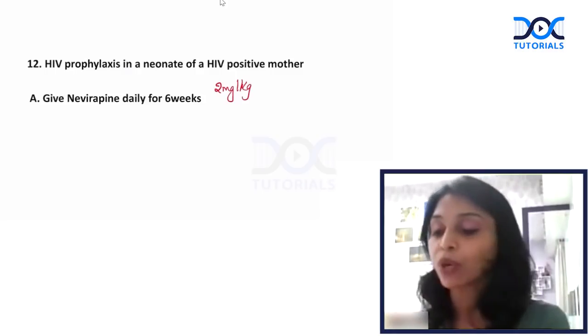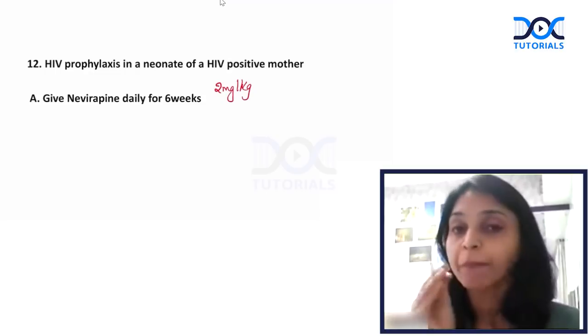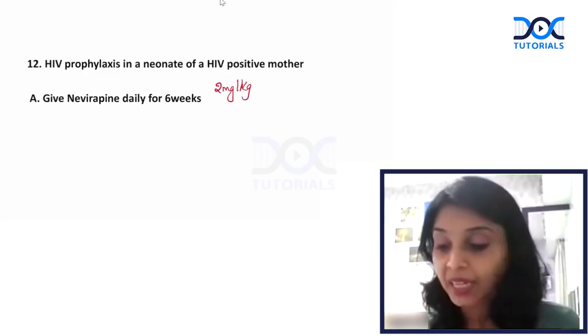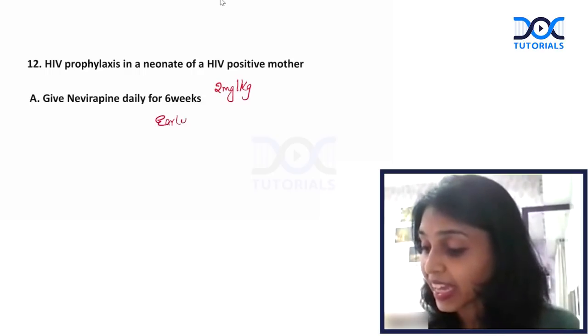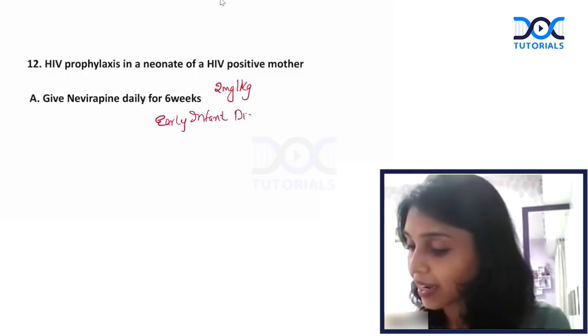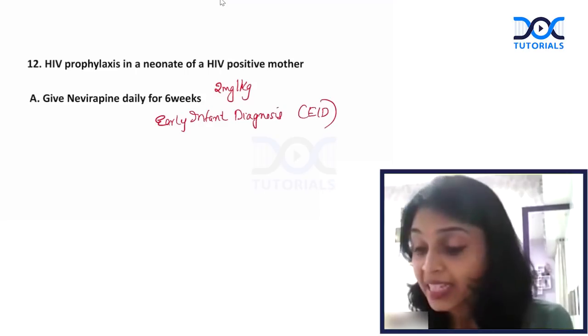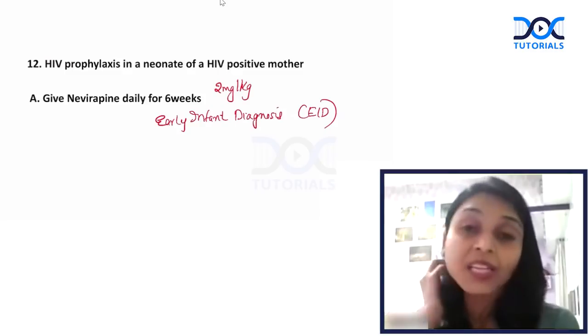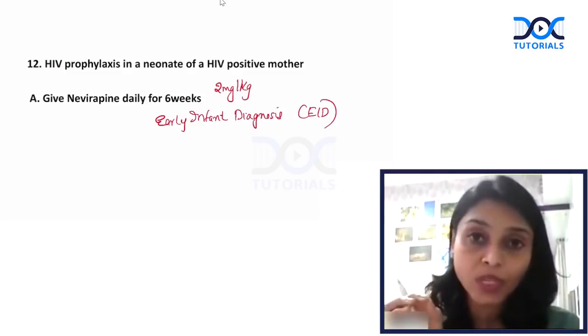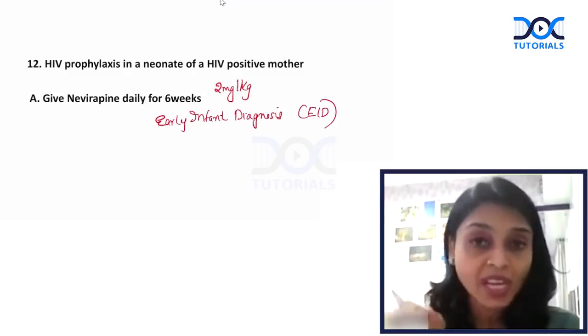See, after 6 weeks, a baby who's born to an HIV positive mother can undergo early infant diagnosis, also known as EID. That means as early as 6 weeks, the child can undergo diagnosis to know whether he or she is infected.